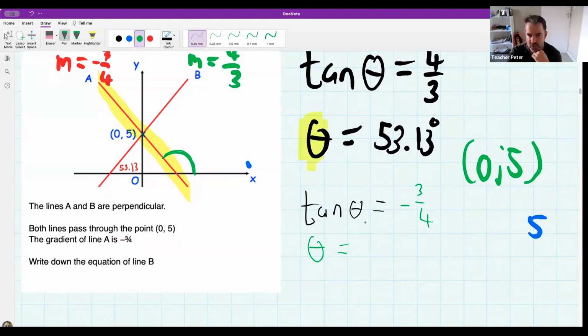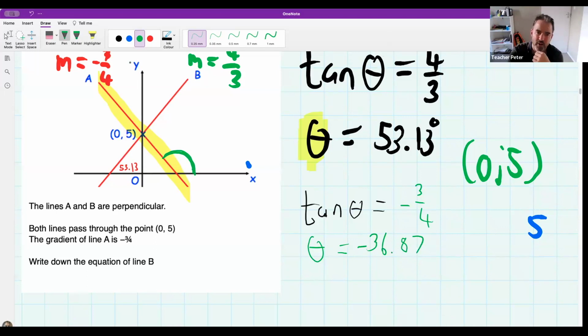So what do you get when you go shift tan minus 3/4? So you might get a negative angle, and it looks like you're getting minus 36.87.